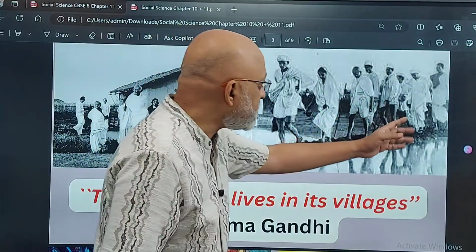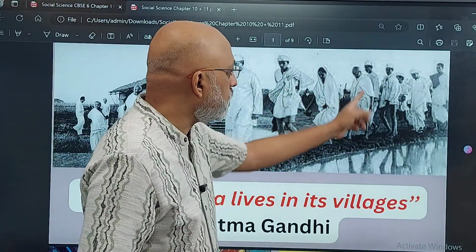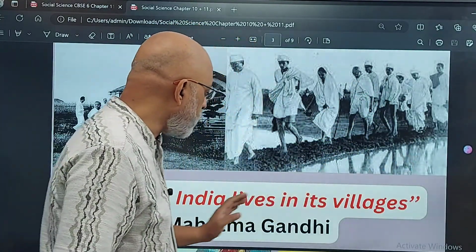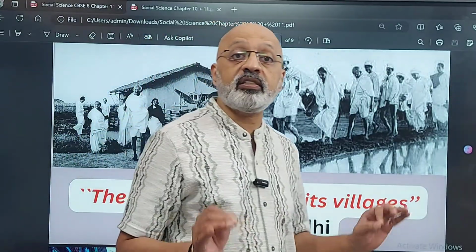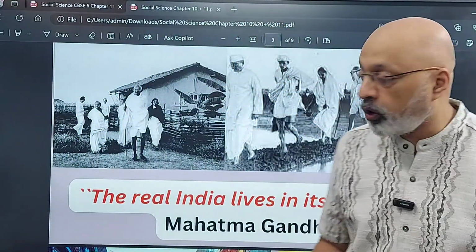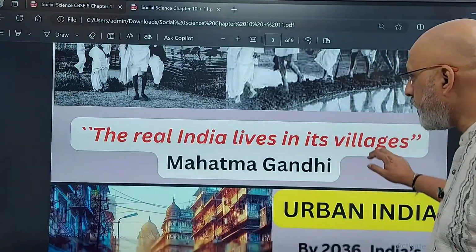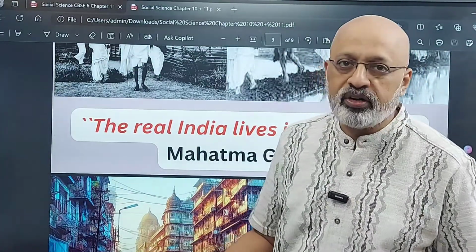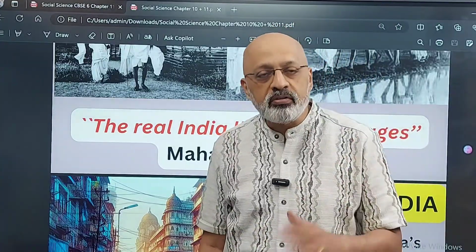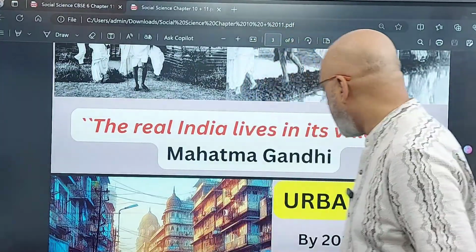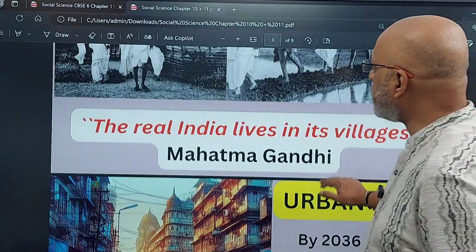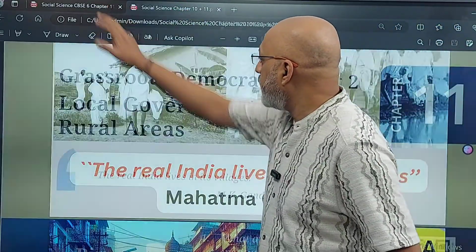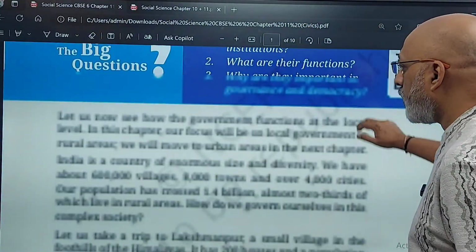You can see Mahatma Gandhi, the 4th person in the picture, walking there. So he said the real India lives in its villages. It's an important quote. The idea behind using this photograph is always to make it a little more interesting. Otherwise, textbooks are generally more boring. Okay, now before going to the next, let's go back to the textbook.